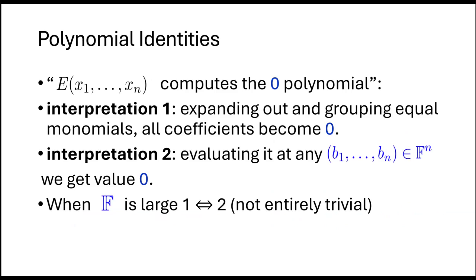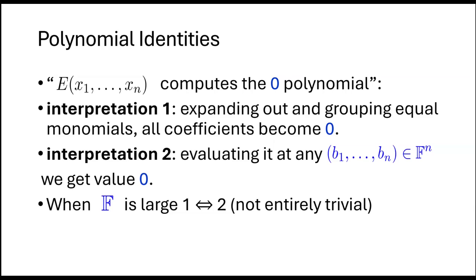One is the usual, the formal one, the correct one, so to speak: I expand out everything and group all equal monomials, and this expression computes the zero polynomial if all coefficients of all monomials are 0. So zero polynomial as a formal polynomial identity means that each coefficient of every monomial in the polynomial is 0.